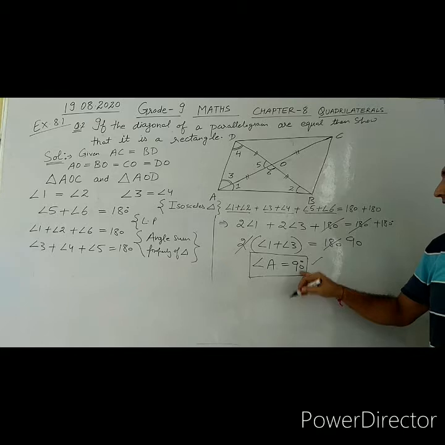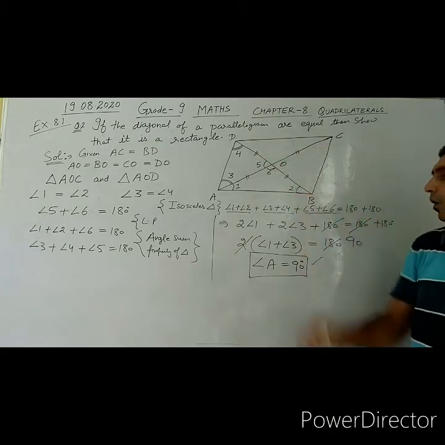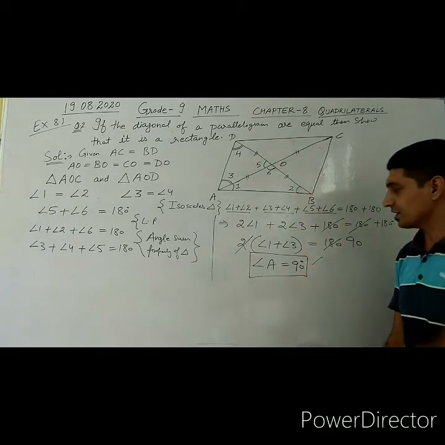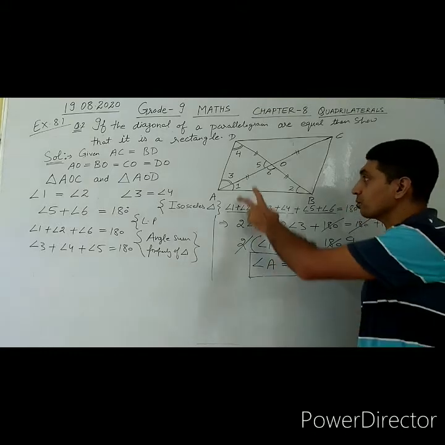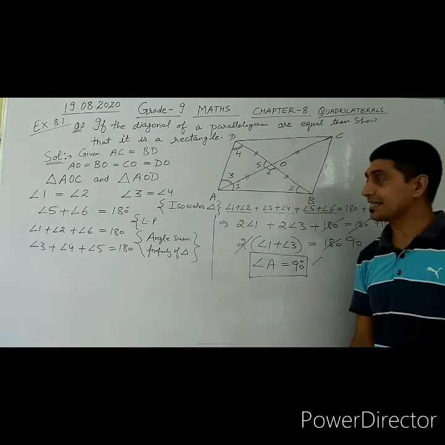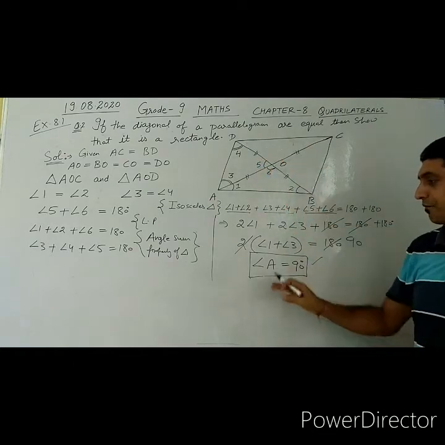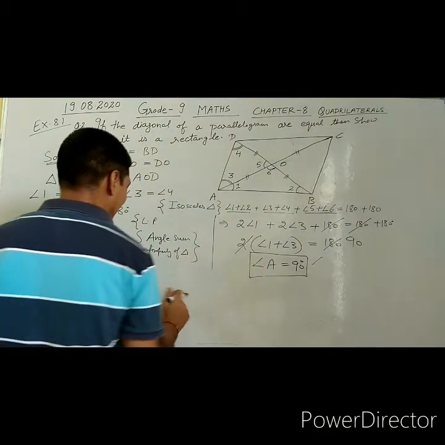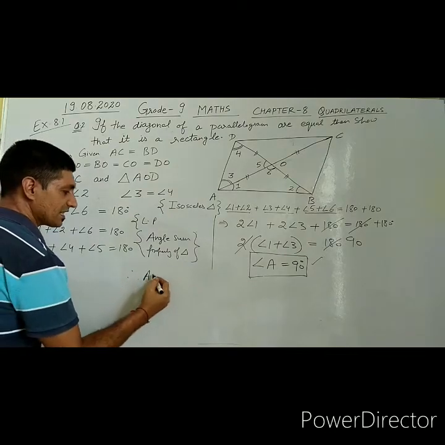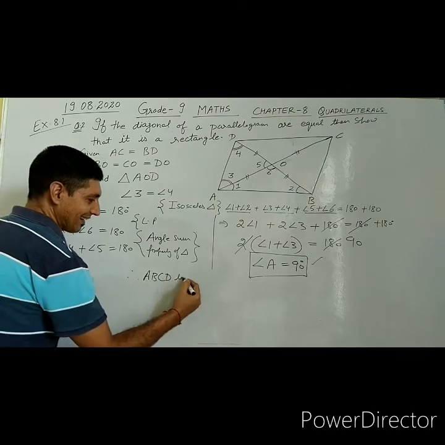If angle A is 90, B must be 90, and so must C and D. So it is sufficient to prove any one angle is 90 degrees. We can prove it in the same way for B or C. So therefore, we can write that ABCD is a rectangle, right?